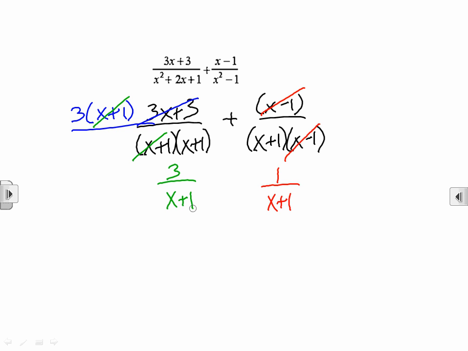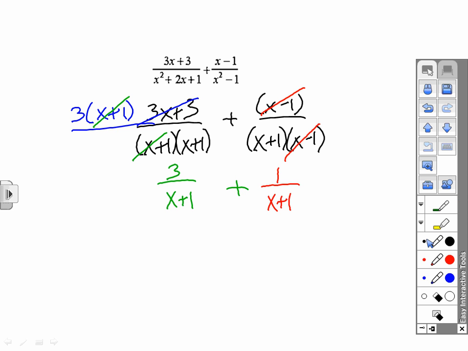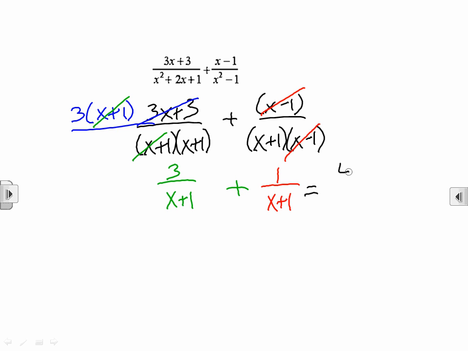Now look, I have a common denominator here. So I could just go ahead, add my numerators, and put it over my denominator. I do need to remember that I took out a positive 1, so x cannot equal positive 1 or negative 1.